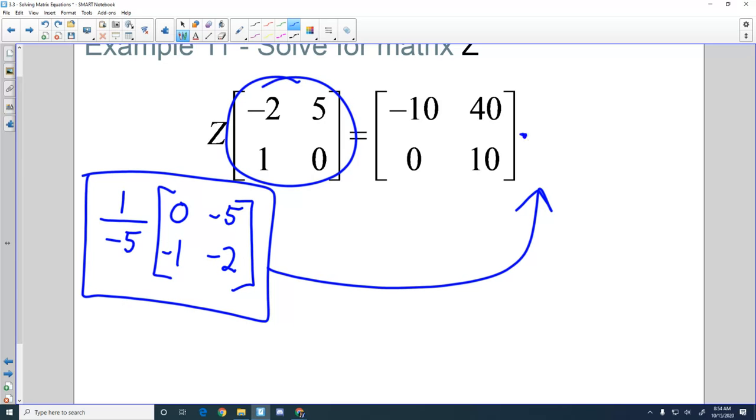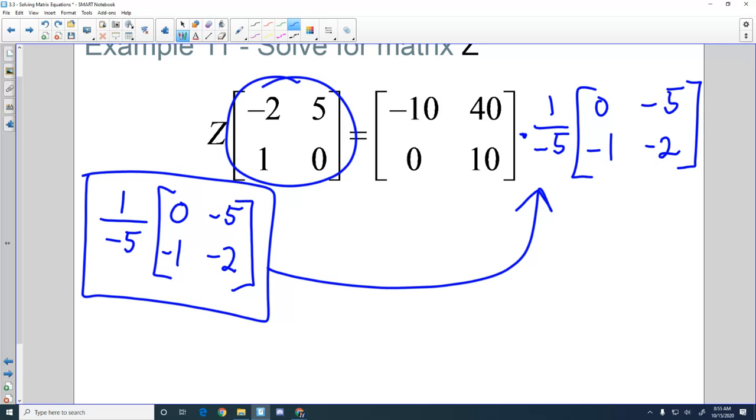So times 1 over negative 5, 0, negative 5, negative 1, negative 2. Now you could distribute that negative 1/5 into the problem, but then you're going to have fractions, and I don't want you to multiply matrices with fractions. That gets crazy.